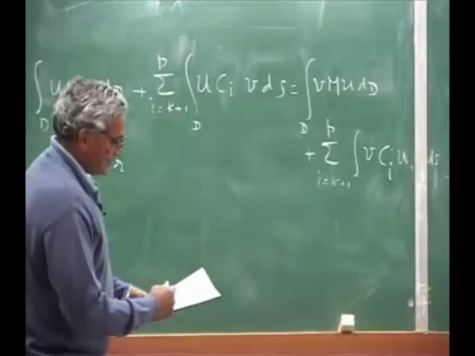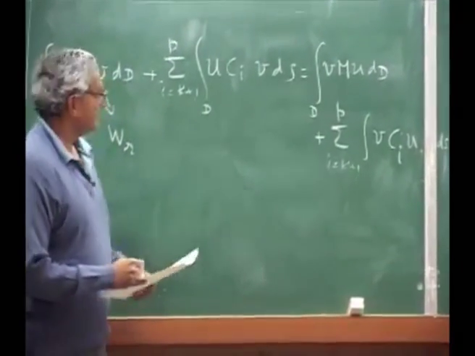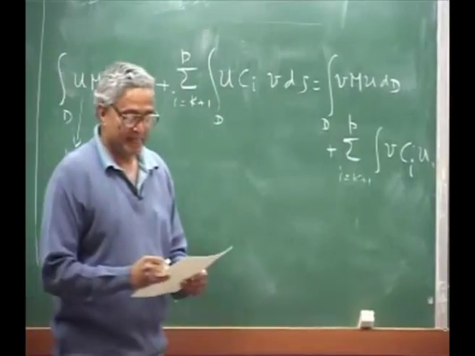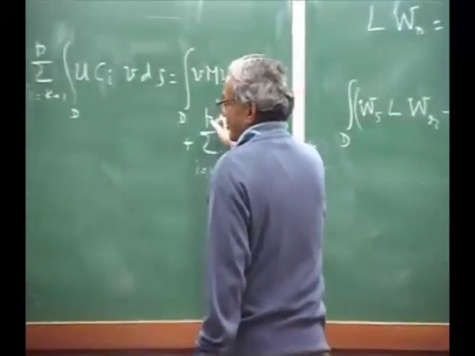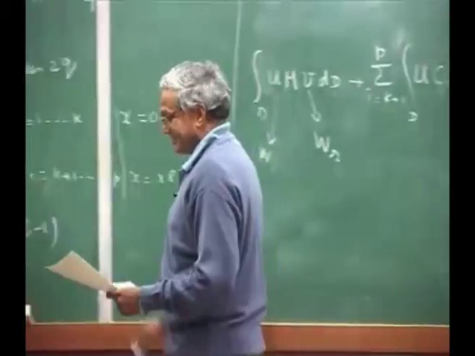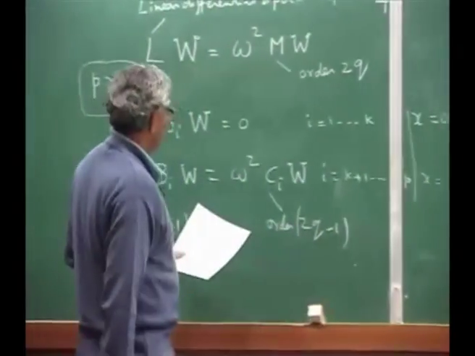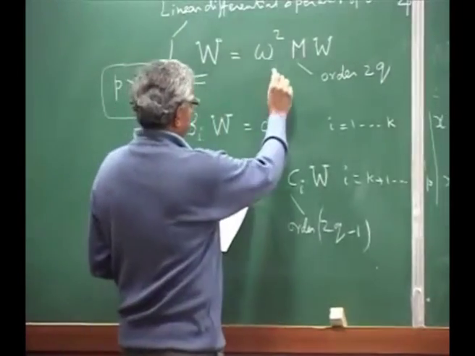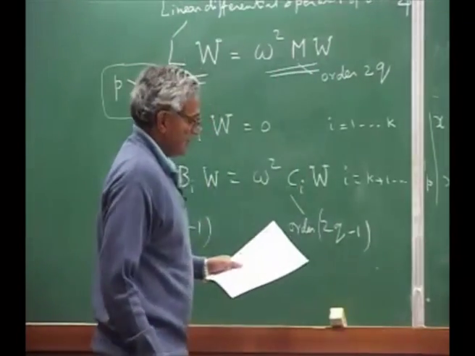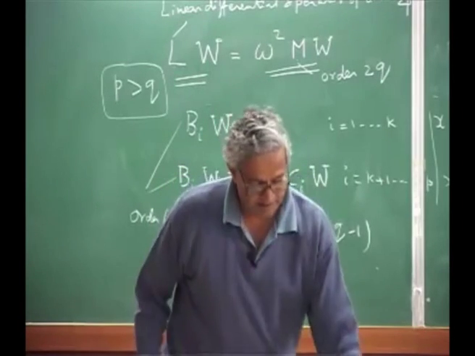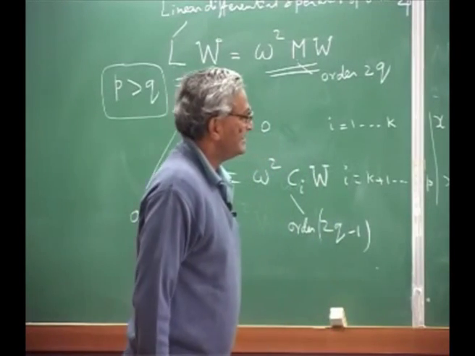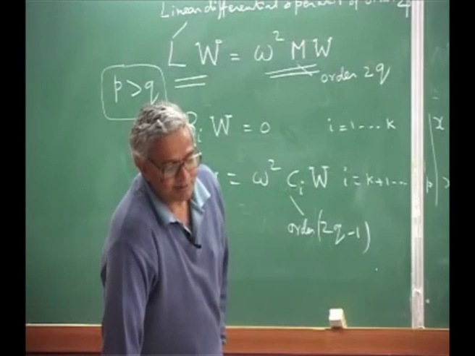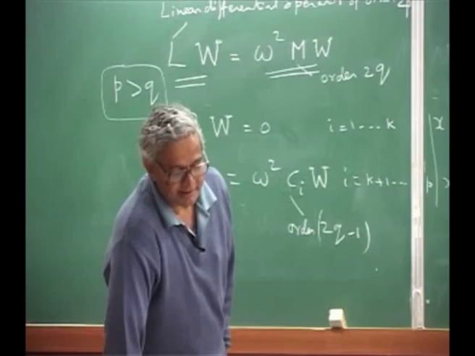So I can also write that as this is one. And okay, before I go further, yeah. You can write from here Ws L Wr minus Wr L Ws.